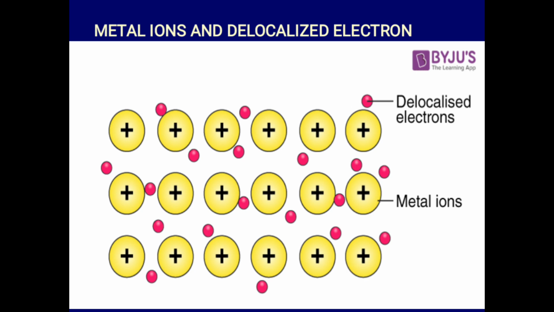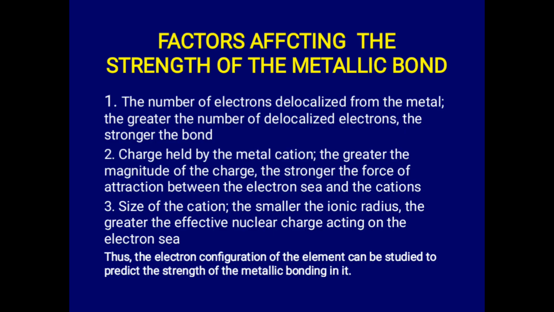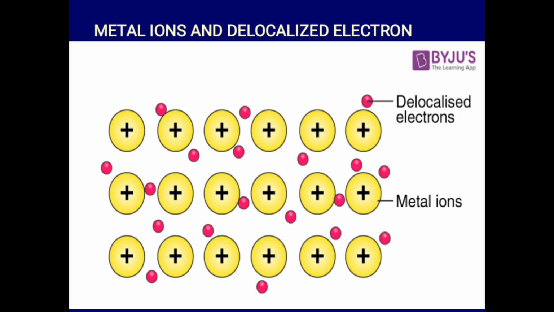Like we have said, in +1 metals the delocalized electrons are few when you compare with +2 metals. In +2 metals, the number of delocalized electrons is twice that of +1 metals. We are talking about group 1 metals. Then when we get to group 3, especially aluminium, the number of delocalized electrons is 3 times that of group 1 metals. So the more delocalized electrons, the greater the bond.